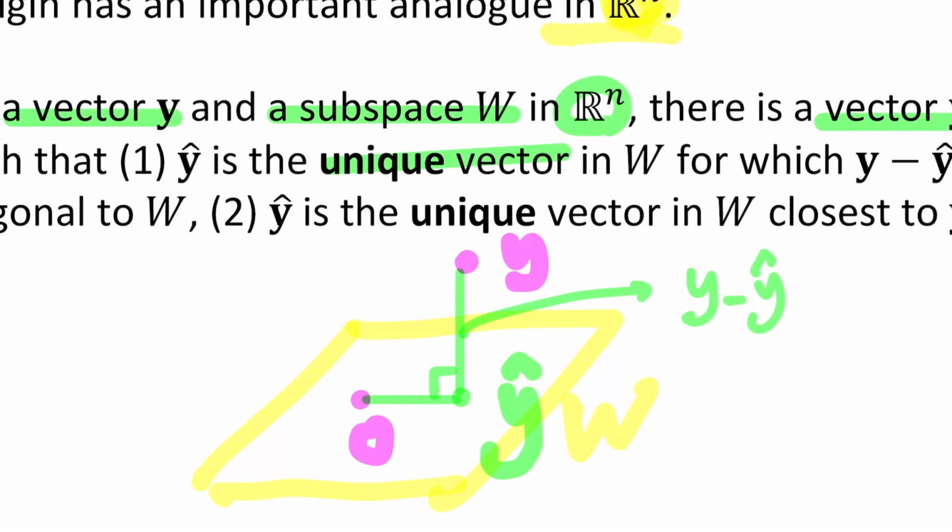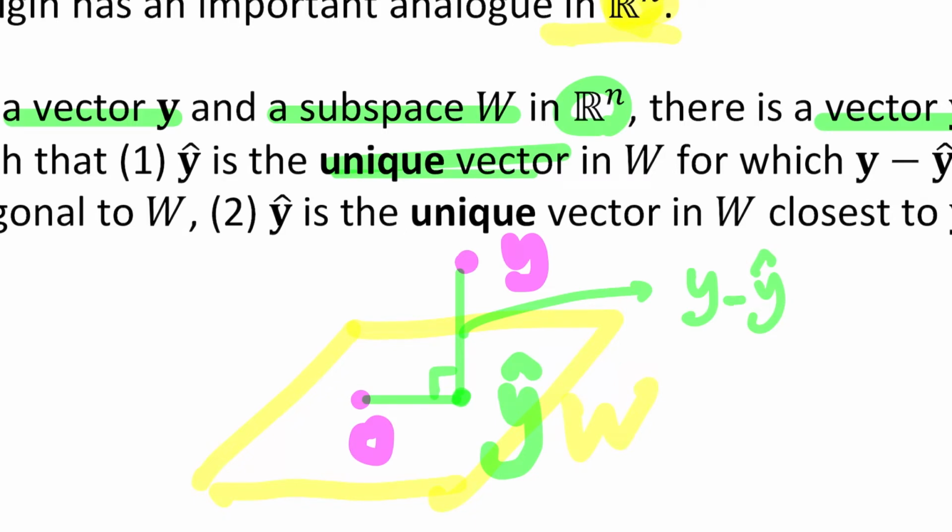It means that y hat is the unique vector; there are no other such vectors.